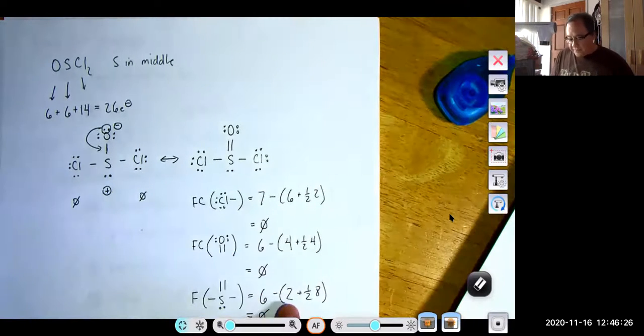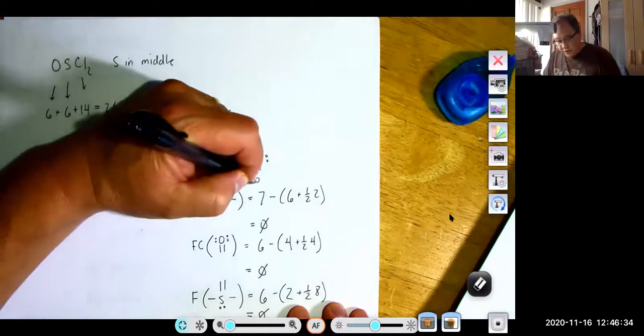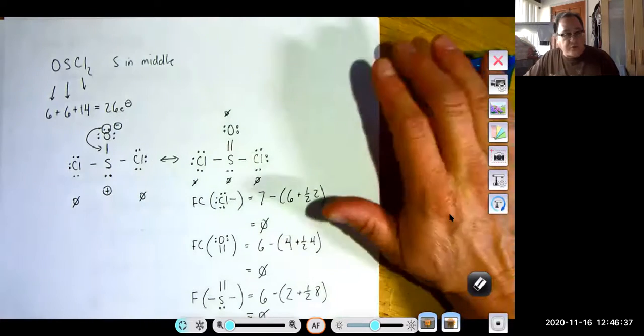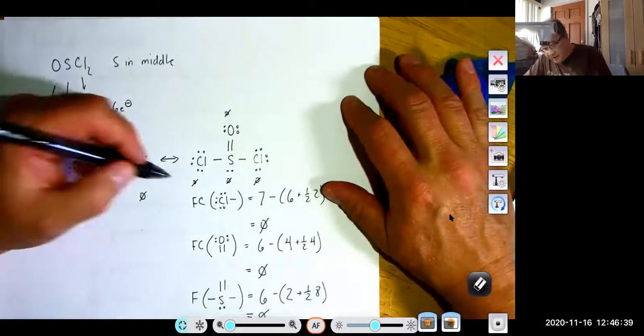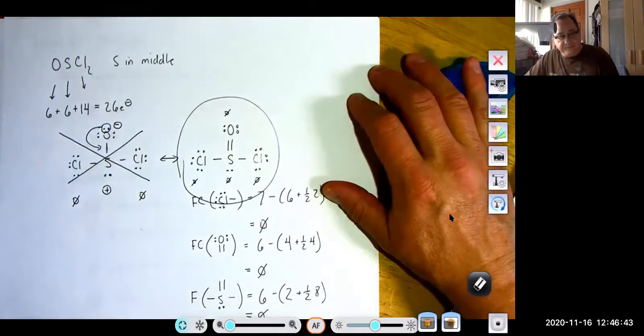So half of 8 is 4, plus 2 is 6, 6 minus 6 is 0. So here, the formal charges on each one of these is 0. So based on formal charges, which structure is better? This one's better, and this one is not better. So this is what I'd like to see on your exam, is the second one.